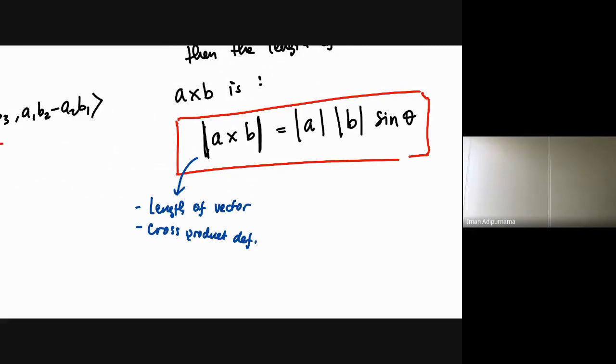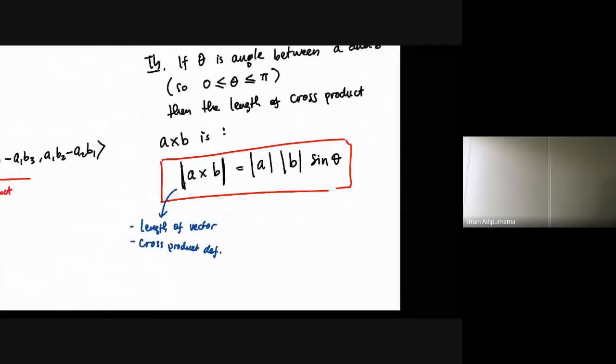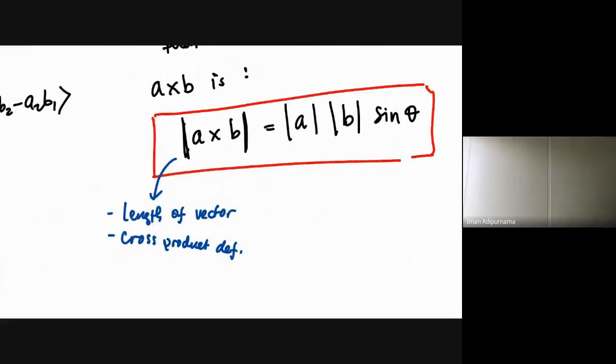A cross B has the ijk components, and the magnitude is the component of I squared plus the component of J, plus the component of K. After squaring that, we need to group and simplify our equations and it becomes the magnitude of A times magnitude of B times sine theta. But I will solve this next week.